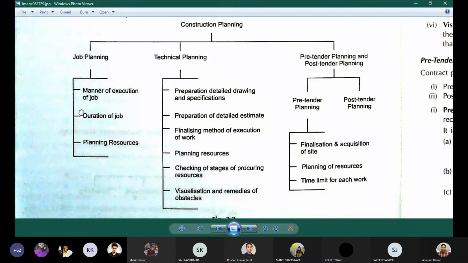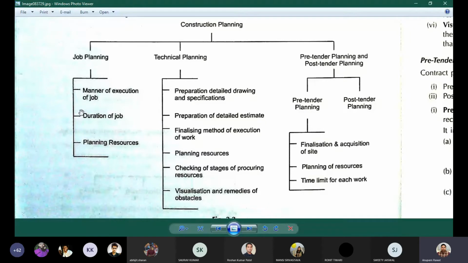Generally, plans and elevations are prepared by the architects, and the specifications are prepared by the civil engineers and structural engineers. Preparation of a detailed estimate, you have already gone through the subject estimation, costing and valuation, is prepared by the civil engineer.